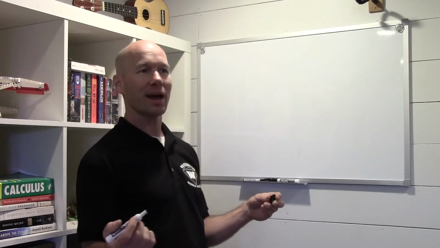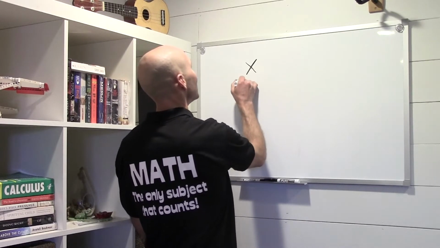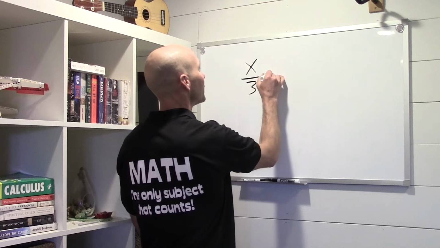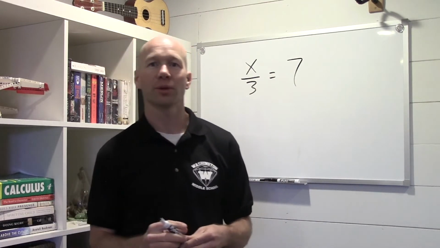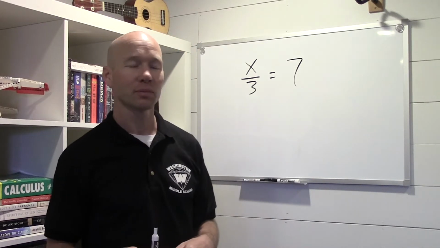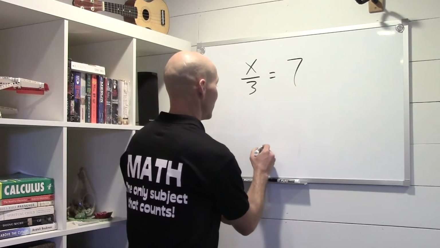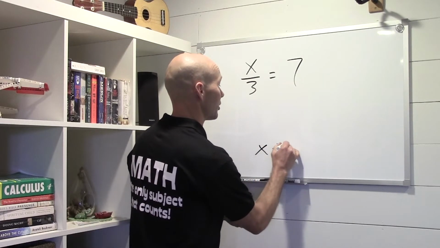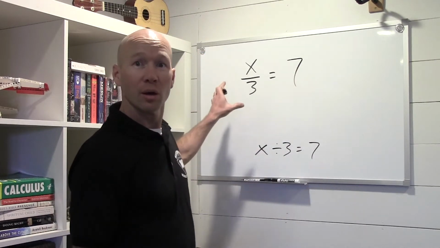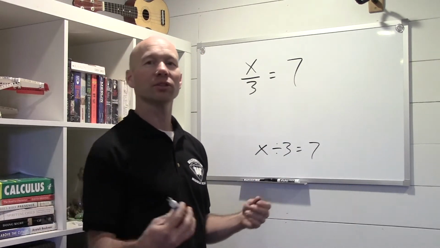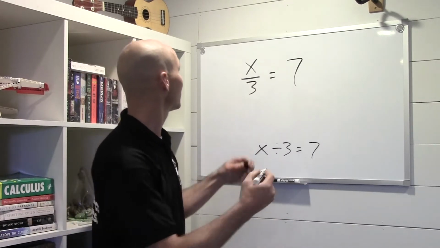Let's say we had a problem of x divided by 3 equals 7. Same problem, right? What is the opposite? What is the inverse operation of division? It is multiplication. So let's do this together.